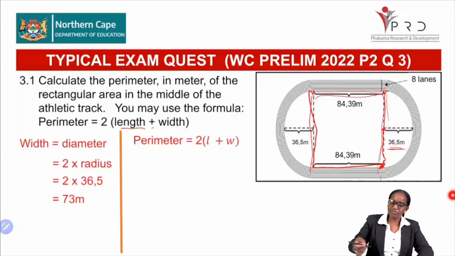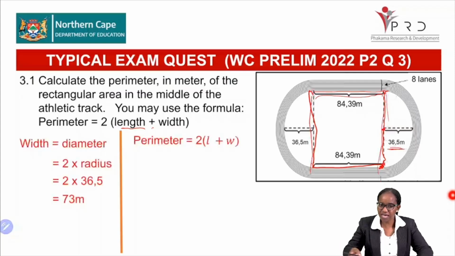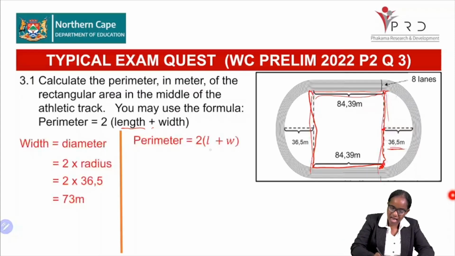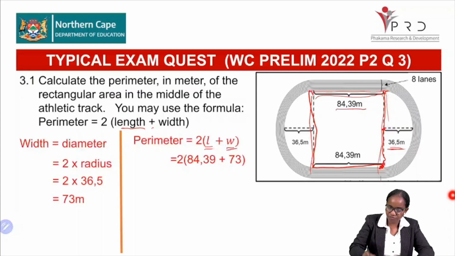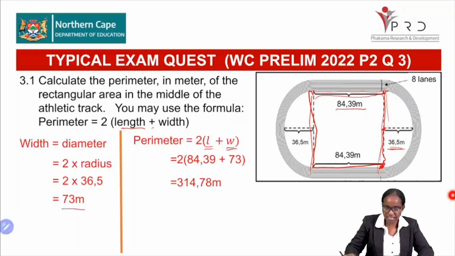The perimeter of a rectangle is given by 2 times length plus width. Now we can substitute. We now have all the dimensions. So for our length, we put the 84,39. For our width, we put the 73 meters. And what do we get? 314,78 meters. That is the perimeter in meters.